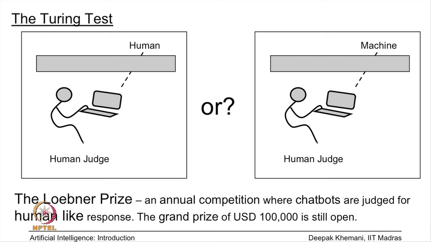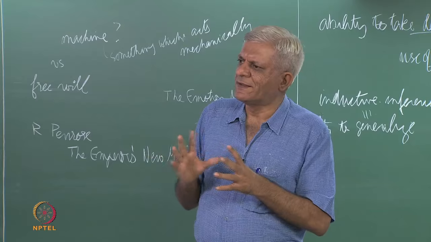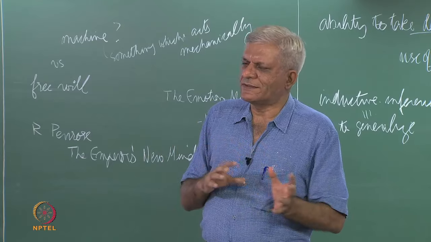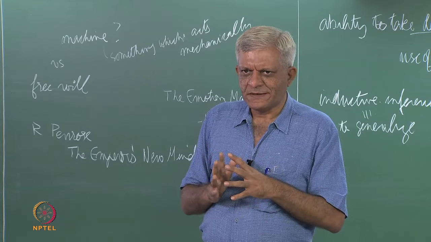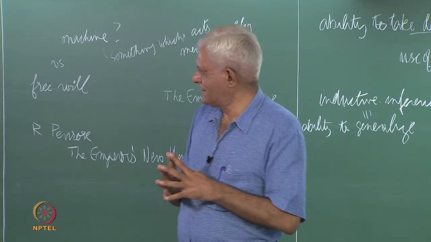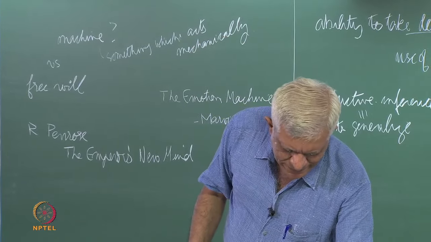So, you do not know whether it is a machine or a human being. And what Turing said was that if, he gave a figure like 70% of the time, the machine can fool the judge into thinking that the judge is talking to a human being, then the machine is intelligent. So, we will come back to the test again.